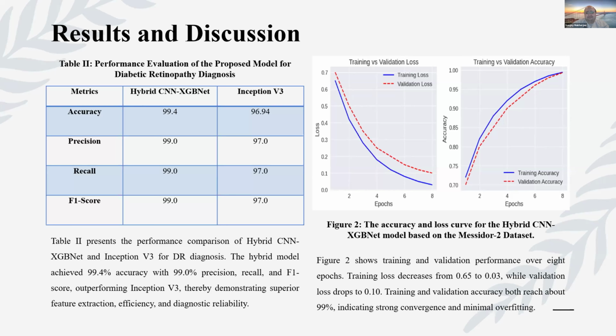I know it is hard to compare, but from both perspectives, the hybrid CNN XGBNet is better. The accuracy and loss curves show stable convergence and minimal overfitting, indicating strong generalization, as you can see over here.